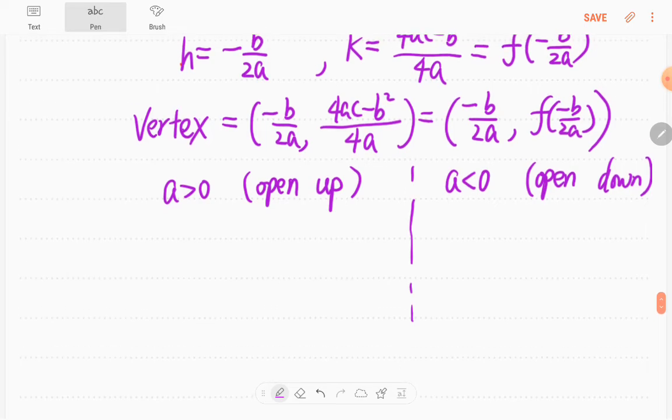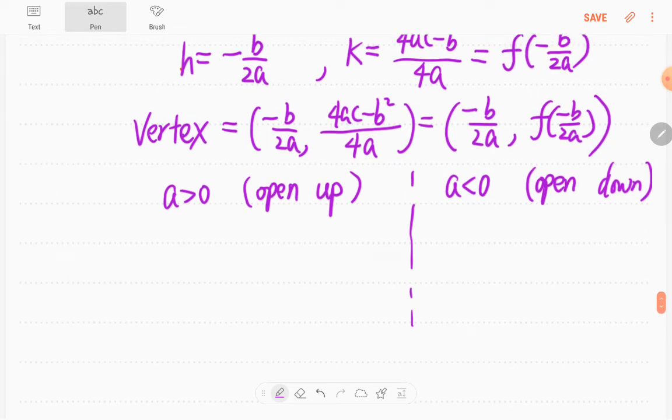Okay, then the vertex is still the same. If it opens up, the vertex would be the lowest point. So the lowest point will give you the minimum value, right? So f has a minimum value. What is this value?